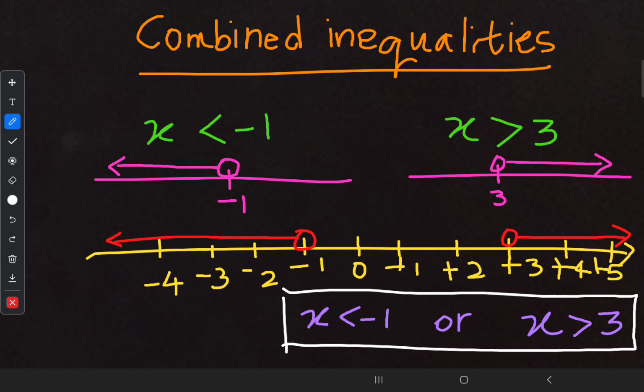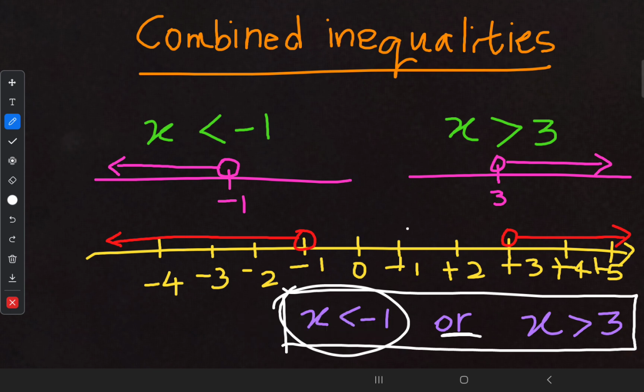So you can write your inequalities as they are. In between, you have to use an or mark. x will hold the values which are less than negative 1, or x will hold the values which are greater than 3. There is a split region. There is no intersection between these inequalities. That's why we indicated them in a separate way by combining them using the or mark.